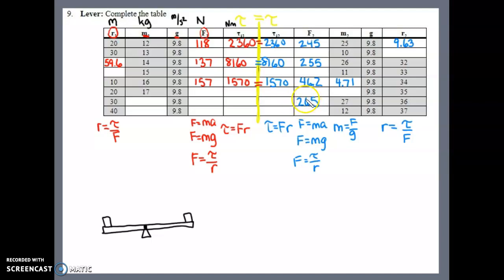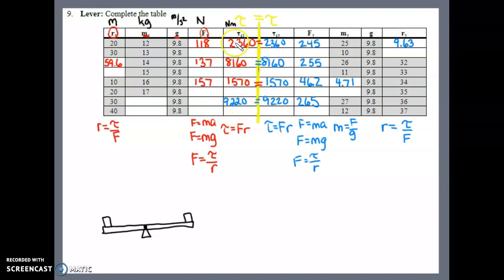Then take that force, 265, times the radius, 36. I get 9,216, so I'm going to round that to 9220, 3 sig figs.